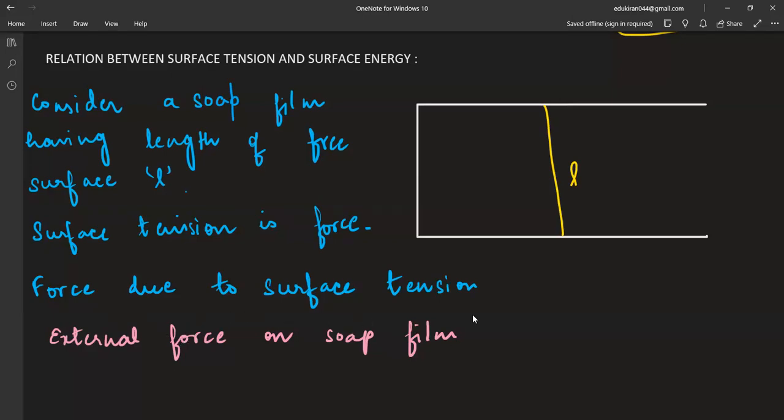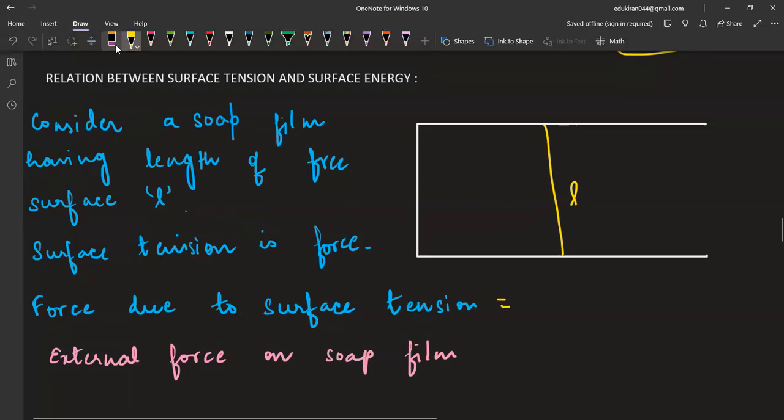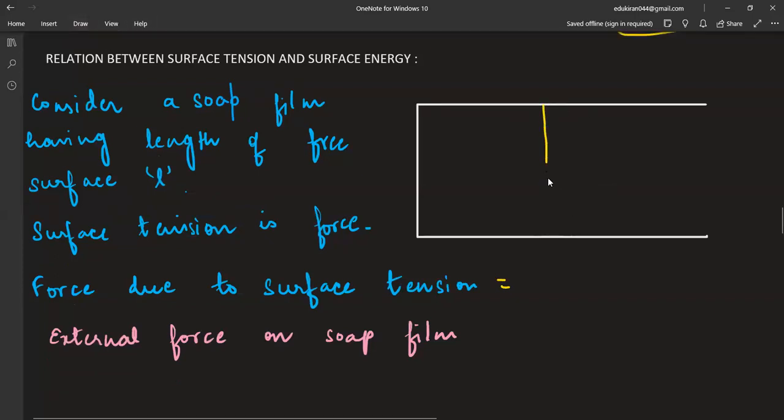Always remember, if it's a soap film, we are talking about a soap film. This is one point which I missed while telling you. Whenever we are talking about a soap film, it has two layers, one here and one on the back side. So the length doubles.